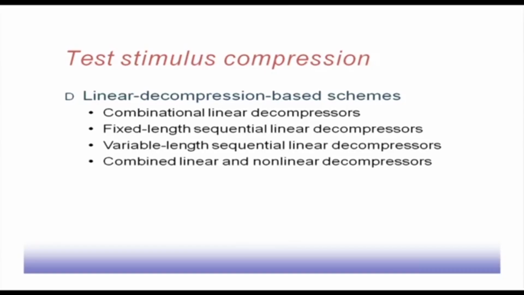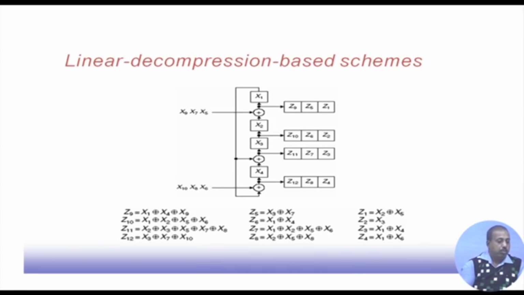So, next we will look into linear decompression based schemes, and under that category we will look into several subcategories. What do we mean by a linear decompression based scheme? Say this is a structure where we have some flip flops and some XOR gates.